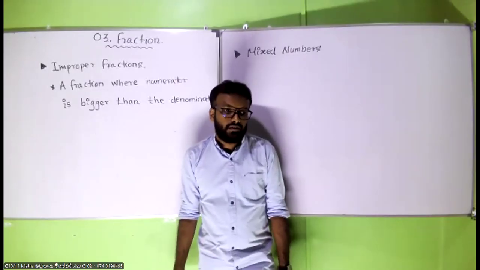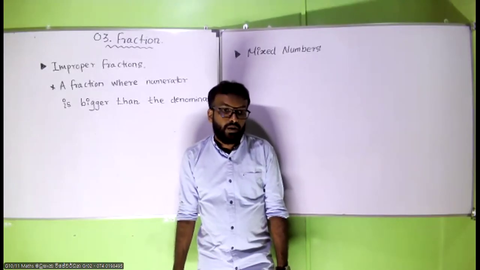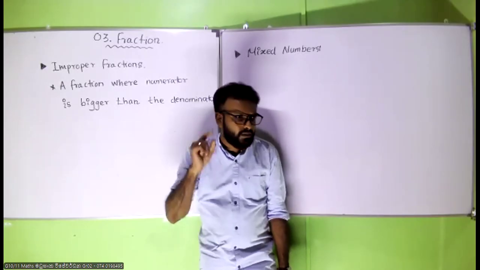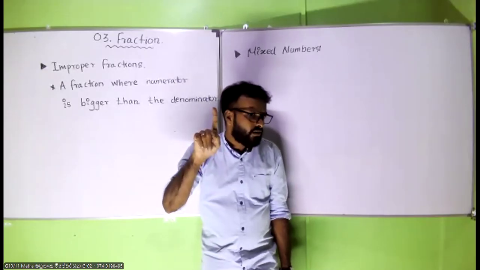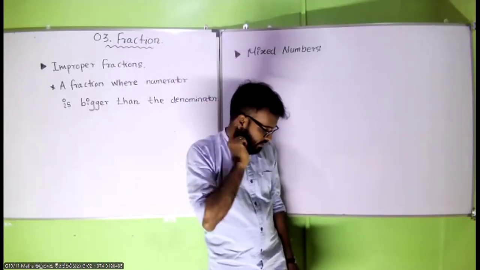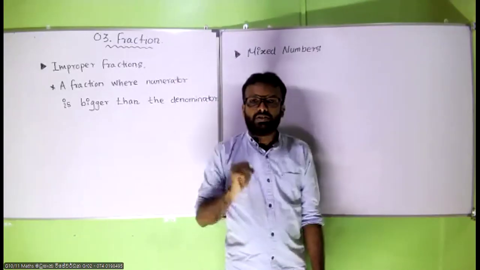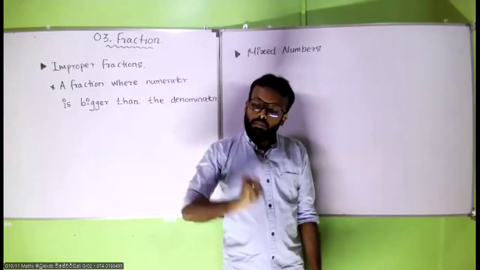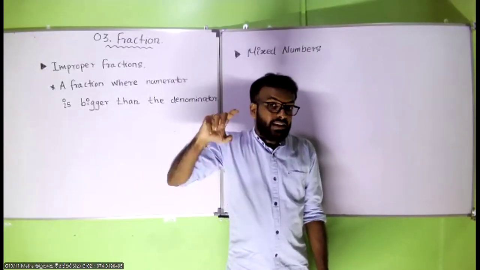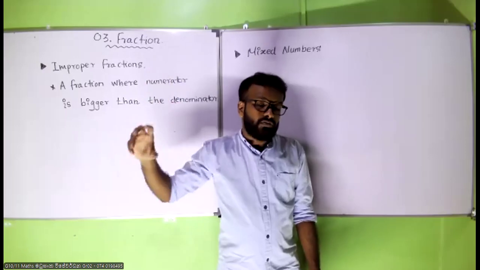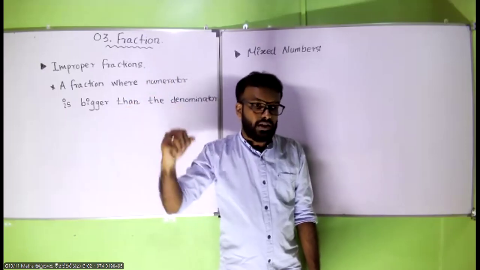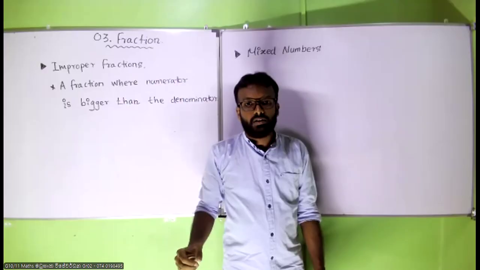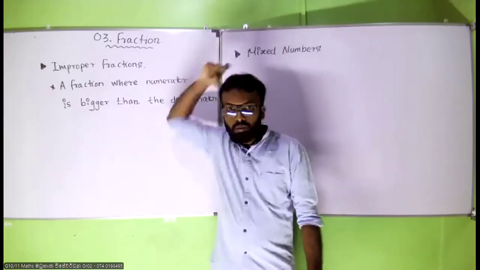Whole number, numerator and denominator. Yes, you are having the idea. The whole number part, and the numerator and the denominator part we are calling by a single name, the fractional part.